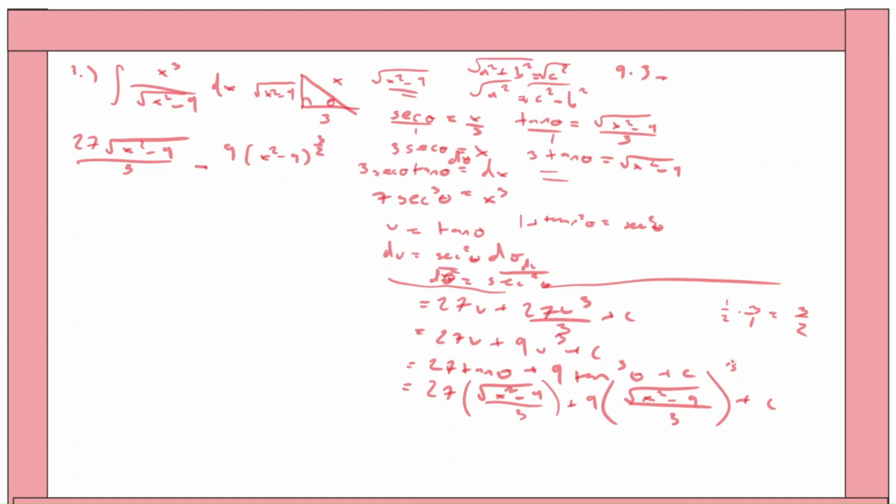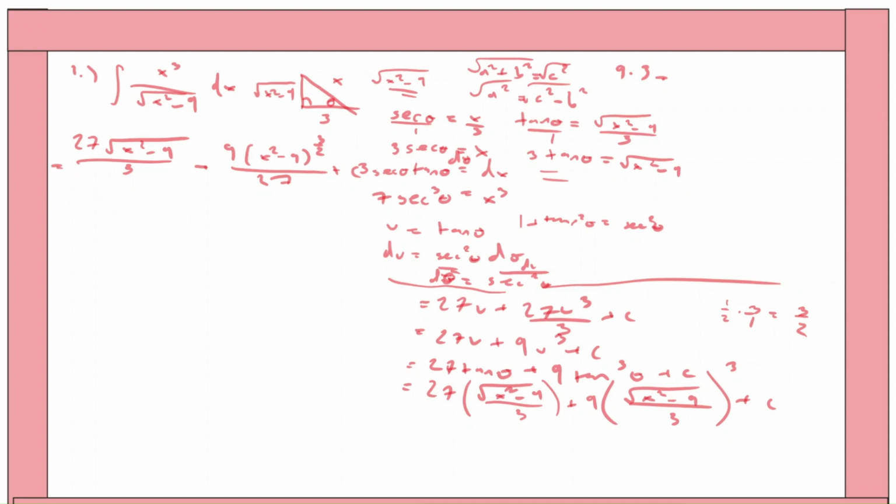If we cube the 1/2 power, like we just said, then this one would be cubed as well, right? So we cube this, we also cube this. So 3 cubed is, of course, 27, and plus c, okay?